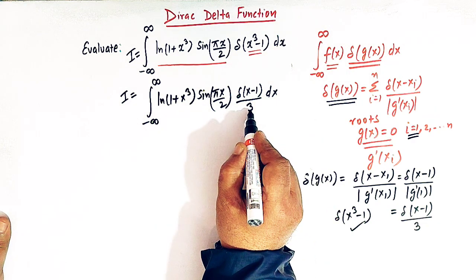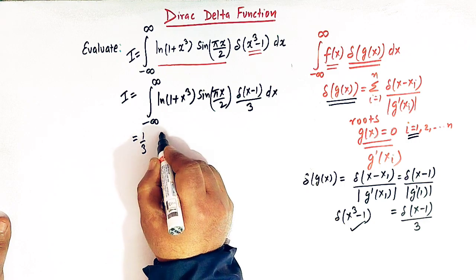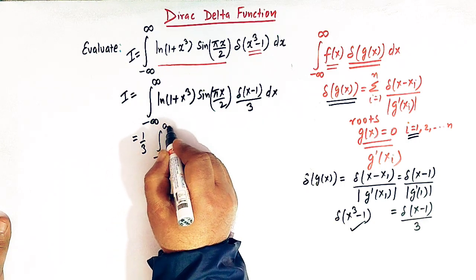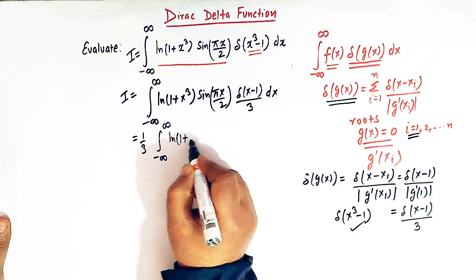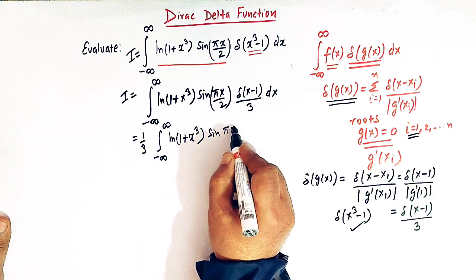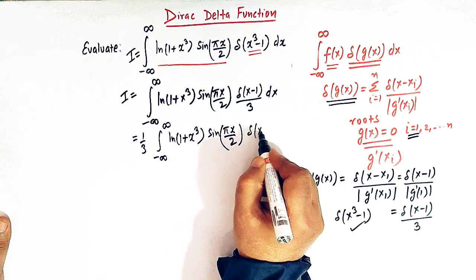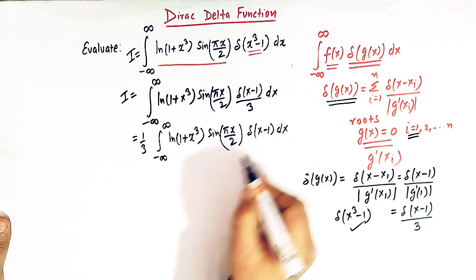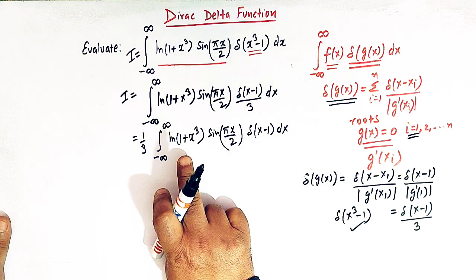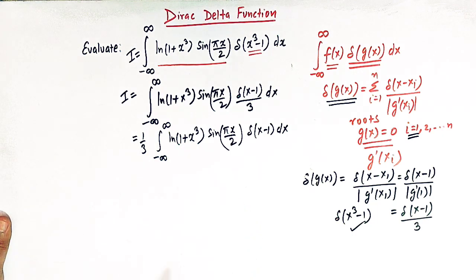So let us take this 1 over 3 outside the integral. We have 1 over 3 times the integral from minus infinity to infinity of log of 1 plus x cube, sine pi x over 2, and here we have delta of x minus 1, right? Okay, so now to evaluate this integral, we'll make use of the definition of the Dirac delta function.